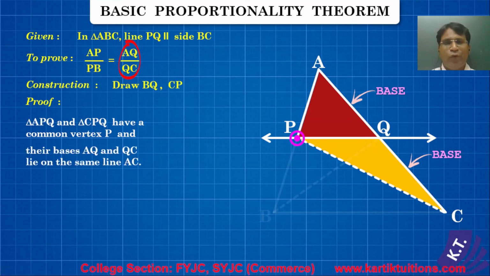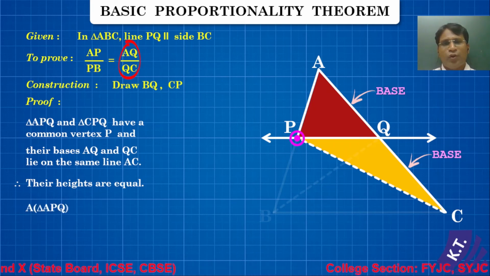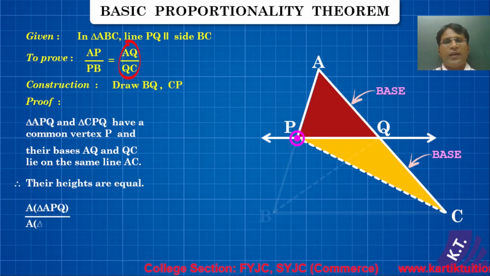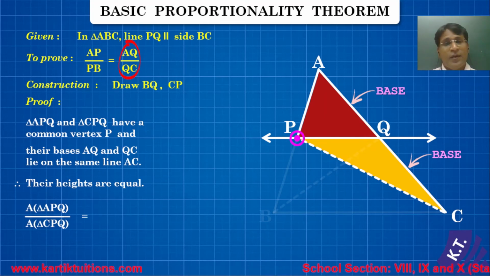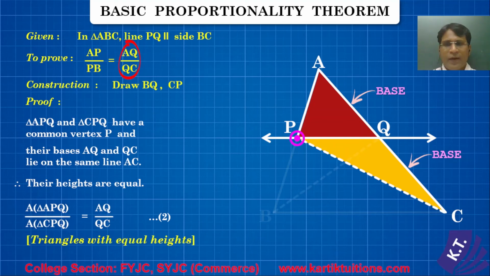So therefore they will have equal heights. Now both the triangles are having equal heights. So the ratio of the areas of triangle APQ upon area of triangle CPQ will be equal to the ratio of the corresponding bases, that is AQ upon QC. This is your equation number 2, and the reason is triangles with equal heights. Am I clear till here?